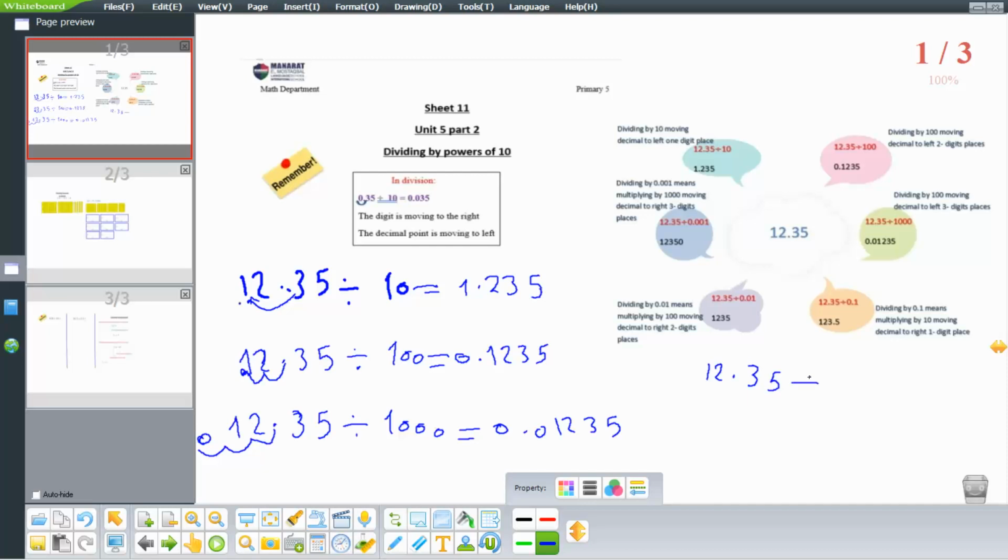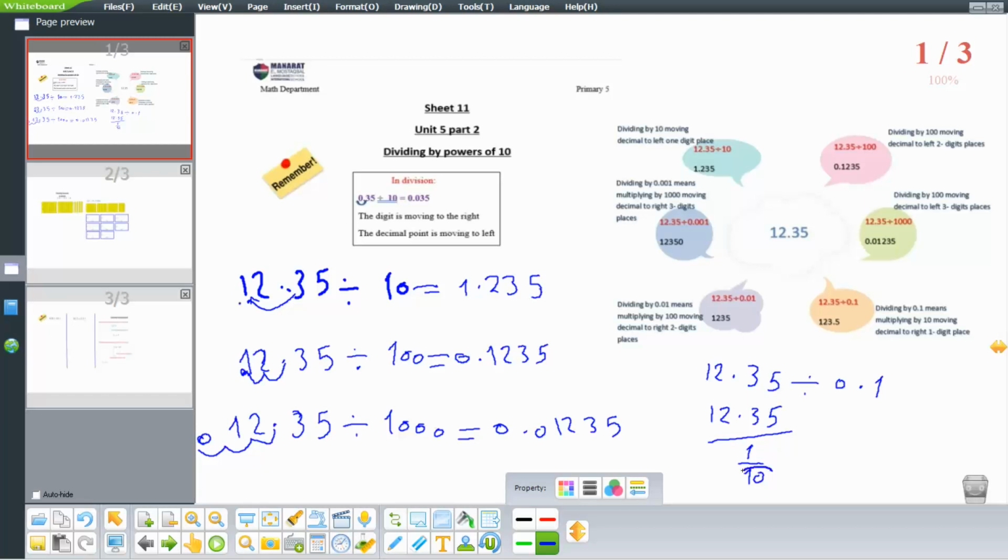But if I divide 12.35 by 0.1, how can we make it? To get the idea, imagine that we have 12.35 over 0.1, which means 1/10.